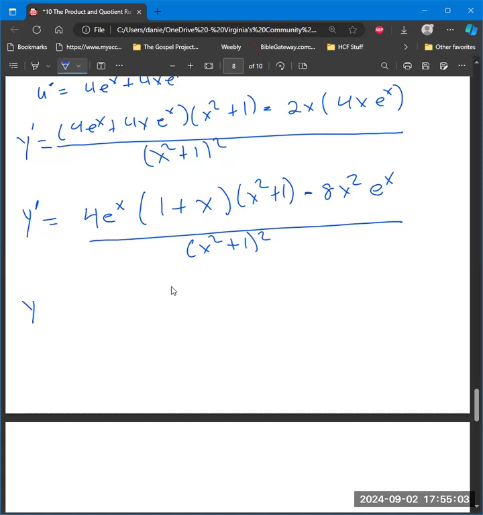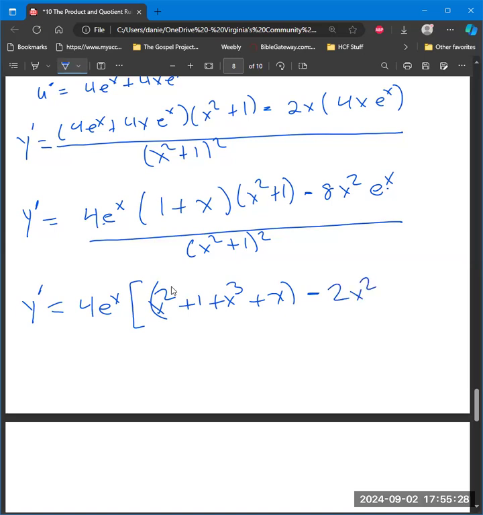So I have y prime is equal to, and between these two, I have a 4 e to the x that can come out. That leaves me with x squared plus 1 plus x cubed plus x minus 8 divided by 4 is 2.